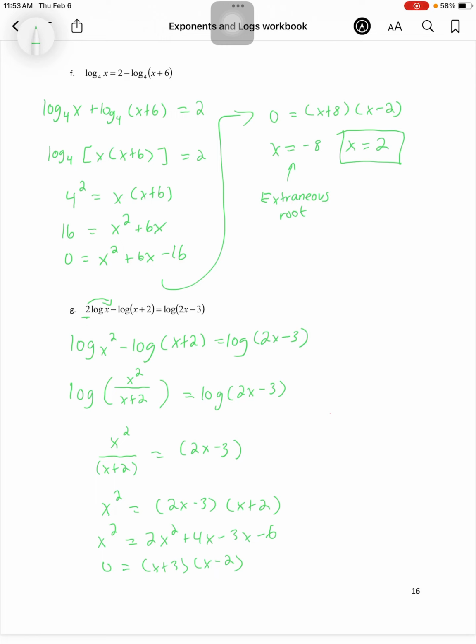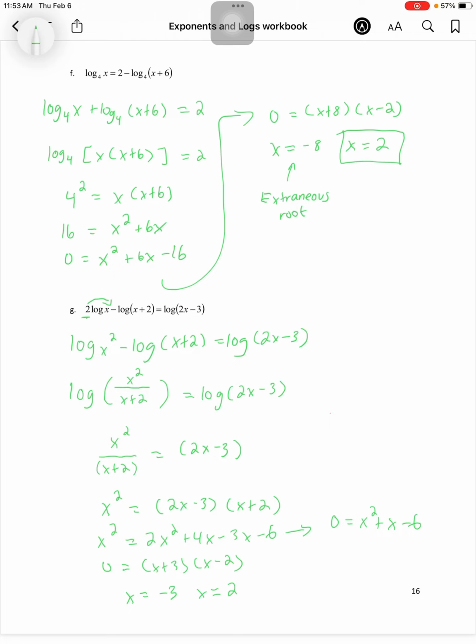And now, I kind of skipped a step, but basically I simplified this, so I should say that. This turns into 0 equals x squared plus x minus 6. I skipped that, but that step should go in between these two. So here we have x equals negative 3 and x equals positive 2.